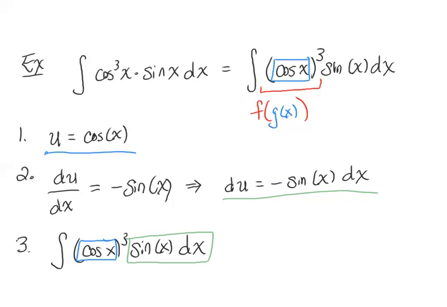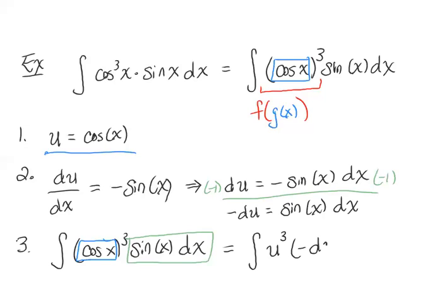What if I multiplied both sides of this equation by -1? Well, then I would get that negative du is equal to the sine of x dx, which happens to be right here. So it looks like that portion of the integrand is actually negative du, not just du. So I can rewrite this. I can substitute. It's equal to the integral of u cubed times negative du.